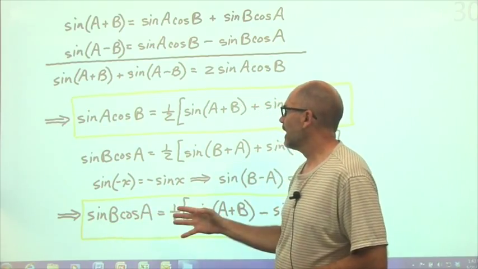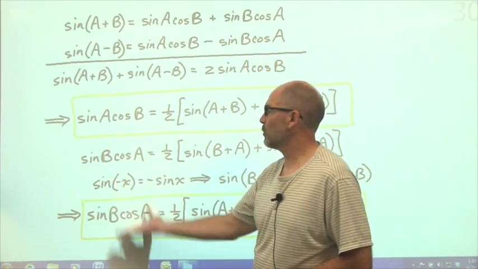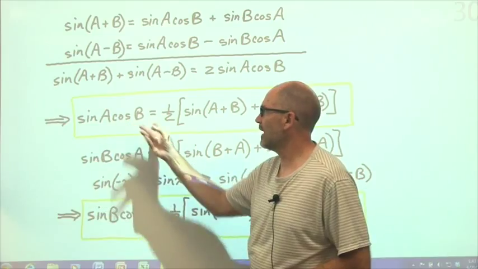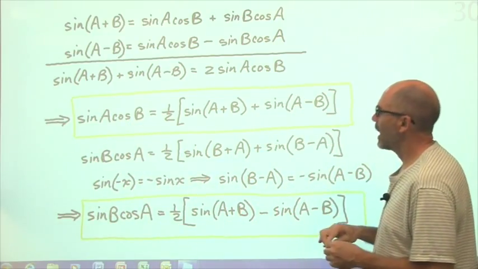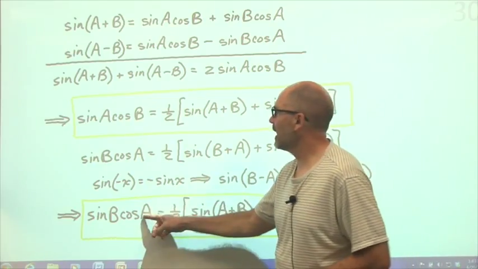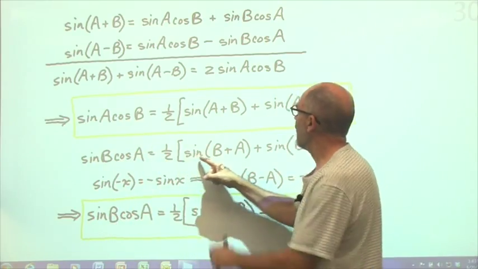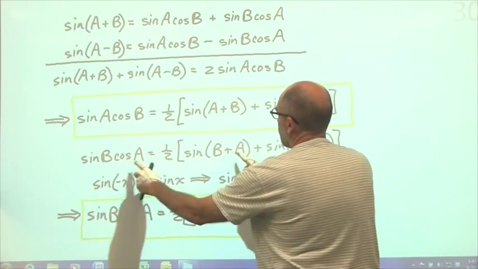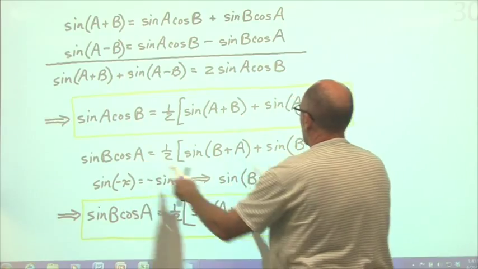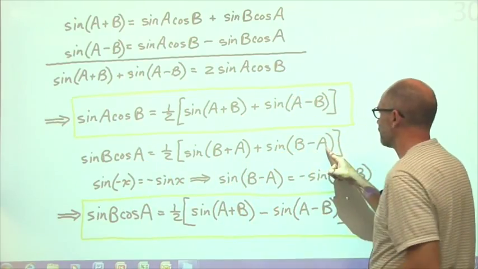Now, here's the thing, I think this is kind of a redundant one. There's no reason to have both of them. But what you could do if you want to derive this sine B cosine A is you say sine B cosine A is 1/2 of sine of the first angle plus the second angle plus sine of the first angle minus the second angle.